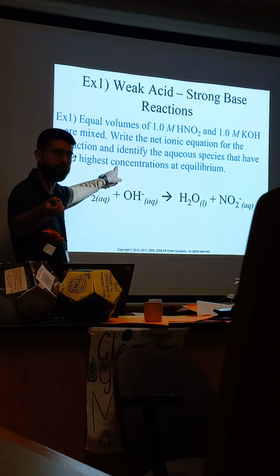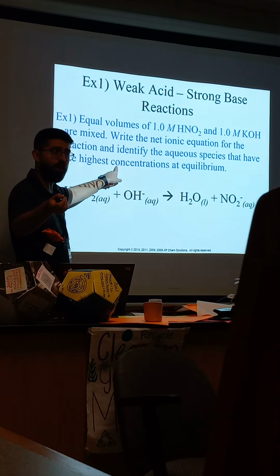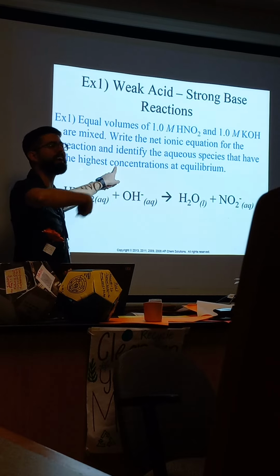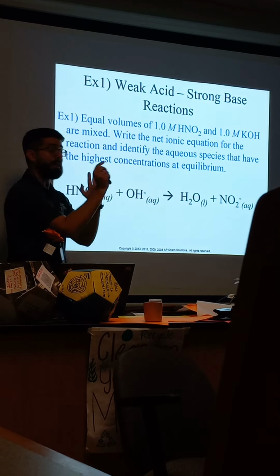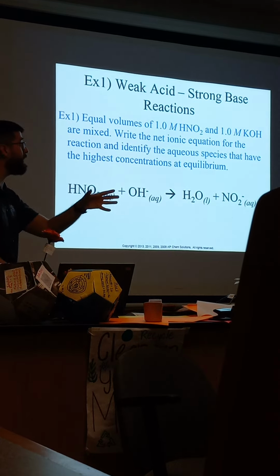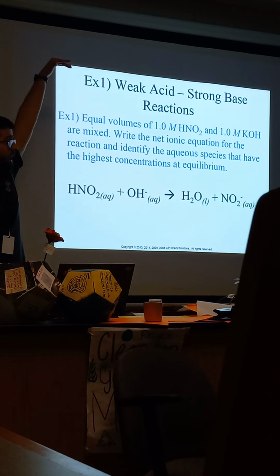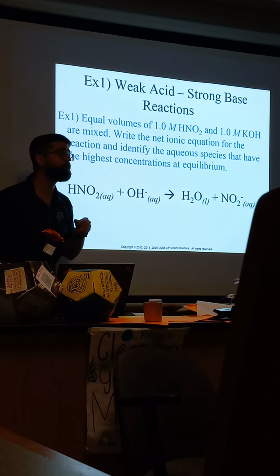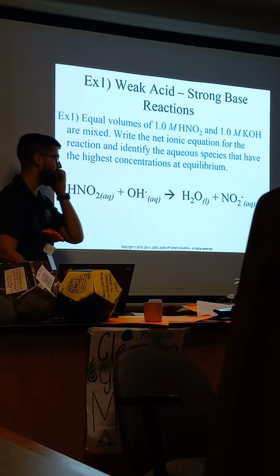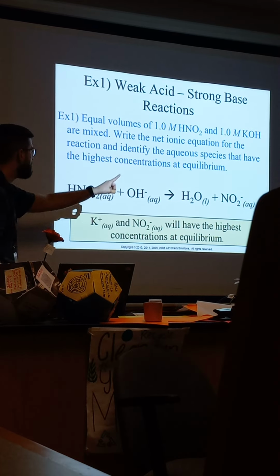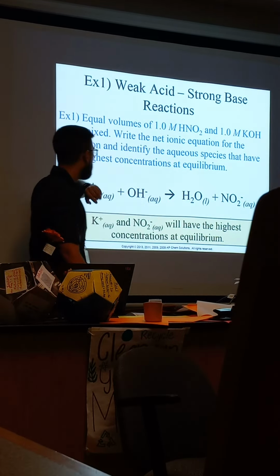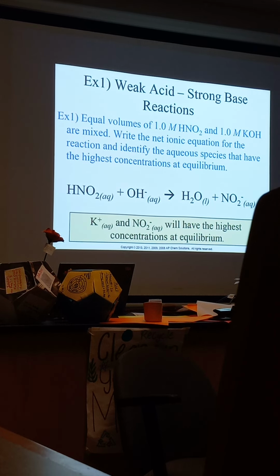Is there no K here? Well, there is a K there. I kind of hit you guys with the triple negative there. So the K is there, and it should be one of the highest concentrations, because they've gotten 100%, right? So there it is, K plus, and then this NO2 minus will have the highest concentrations.